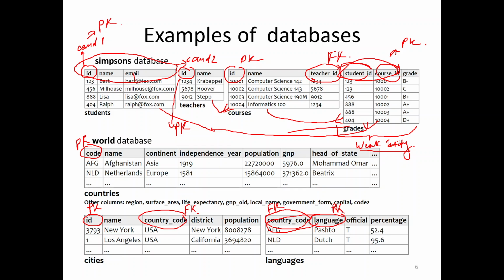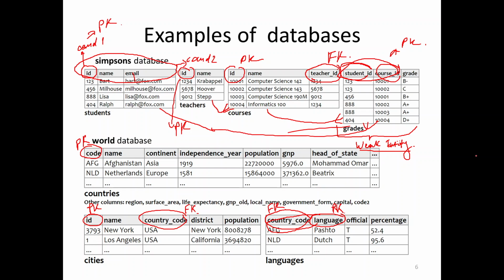I assume that if you write Pashto in Afghanistan, there is no need to repeatedly write another Afghan Pashto, because it contains percentage and whether it is official or not, true or false. All that stuff cannot repeat multiple times. So country code and language could uniquely identify a record in a given table. So I can represent these two columns as the primary key for that table.